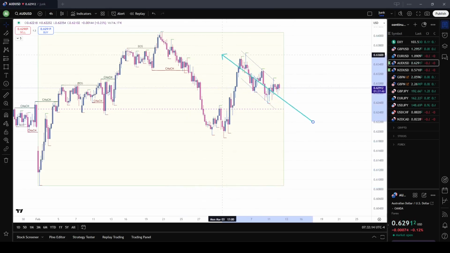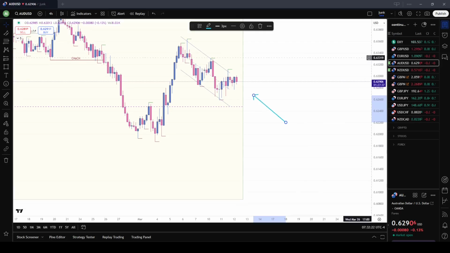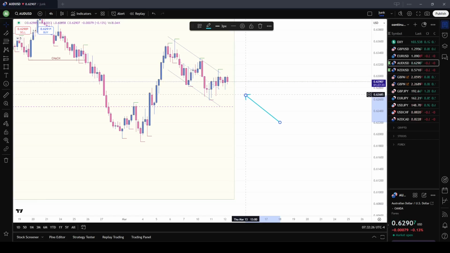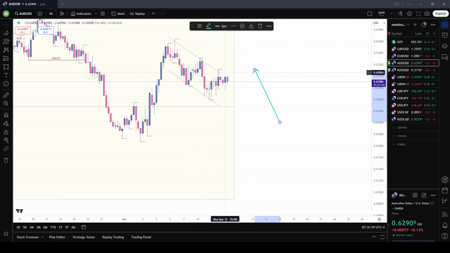Start to take out the liquidity up here. Looking for targeted liquidity up here and liquidity over this channel. But it does look in correlation with the other dollar pairs. And be careful of the news today about the US dollar and dollar index. But I will be looking for any opportunities to buy on a lower time frame, possibly when it takes out this high, breaks out of the channel, and then I'll be targeting the highs of the overall range.